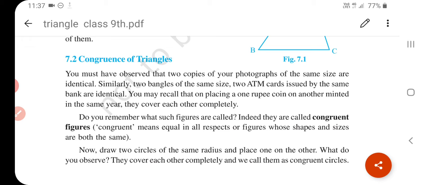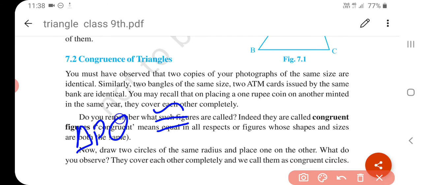Or we can say that if a triangle covers the other triangle completely, then the two triangles are congruent to each other. If triangle PQR is congruent to triangle ABC, then we write it with the sign of congruency. This is the sign of congruency. We can say that triangle PQR is congruent to triangle ABC.